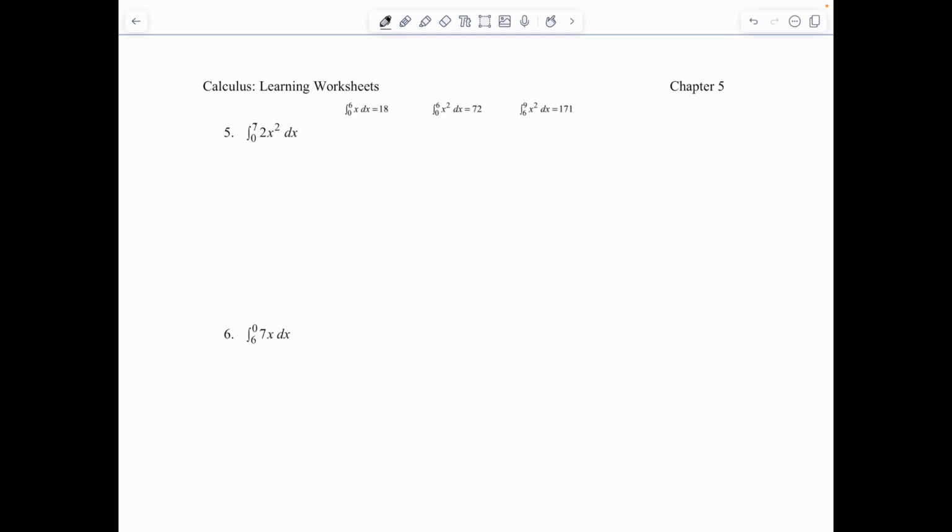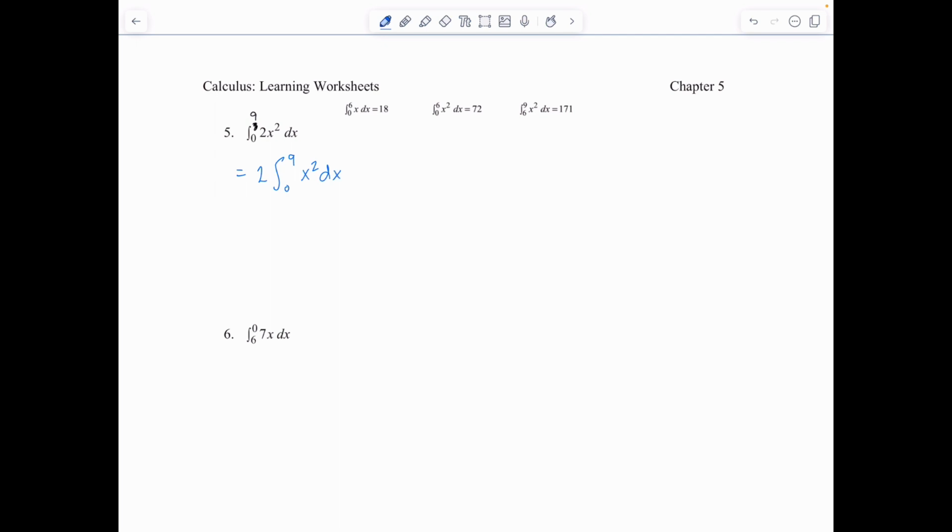Okay, number 5, not 0 to 7, 0 to 9. The integral from 0 to 9 of 2x squared dx. Let's begin by pulling our constant of 2 out front. 0 to 9 x squared dx.